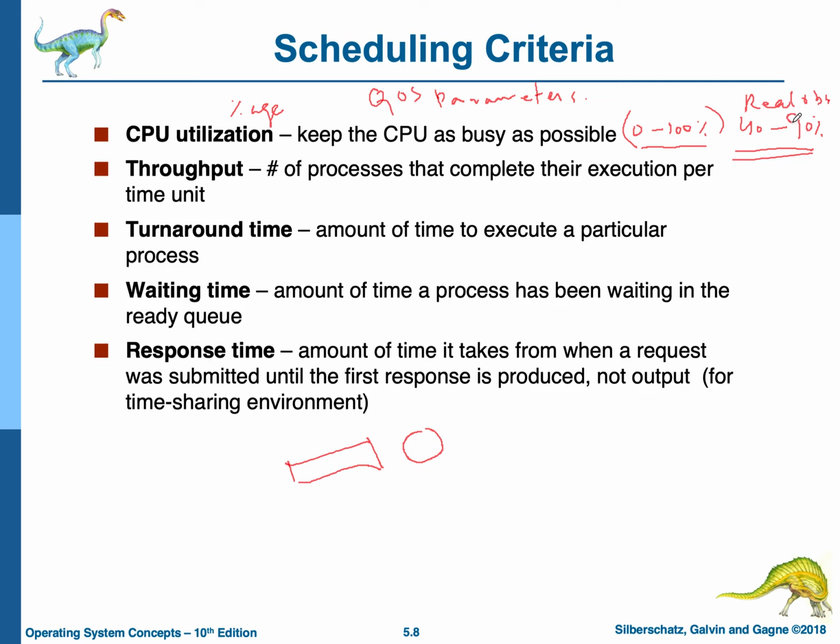If you want to see this, in any Linux system you can use the command top. This is a Linux command. On Linux and Macintosh, if you write the top command, you can see how much CPU is being utilized by any application, right?